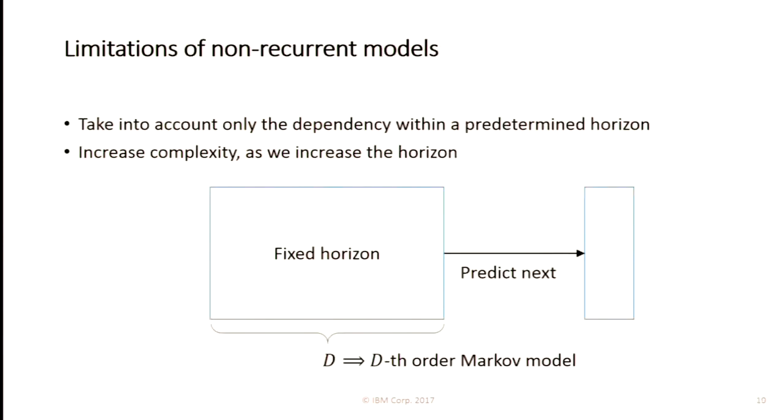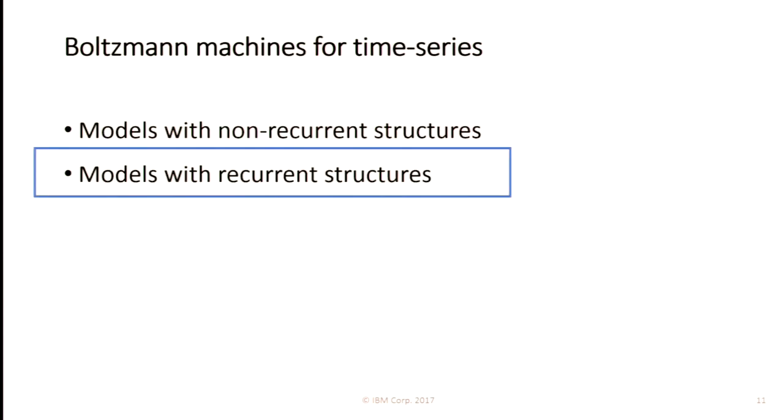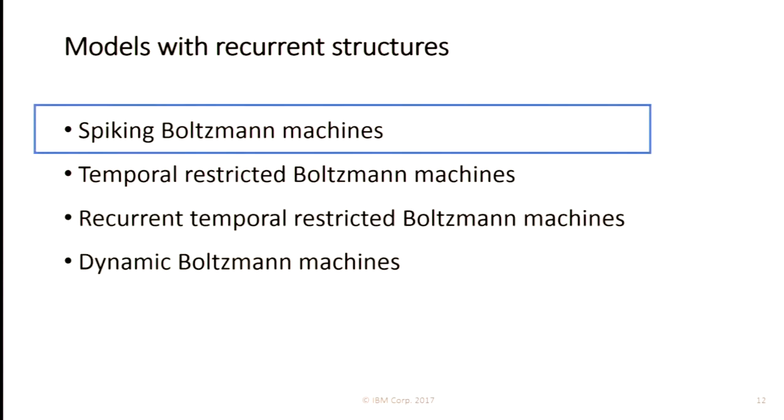One potential limitation of this kind of non-recurrent Boltzmann machine, when it is used for time series modeling, is that it can take into account only the dependency within a predetermined horizon. You can always increase this horizon D, but as you increase it, the computational complexity also increases. So this is the motivation for the next part, the use of recurrent structures.